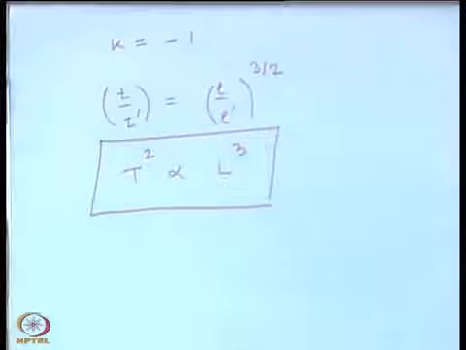Okay. So, the time period of any orbit, the square of that scales as the cube of the linear size of the orbit. Okay. This is referred to as Kepler's third law.